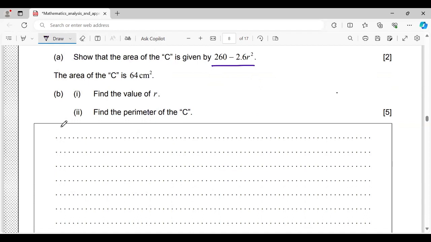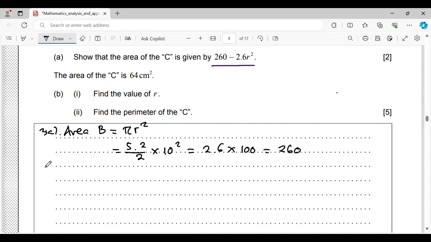So area B equals one half times 5.2 times 10 squared, which is 2.6 times 100, and it is 260. Yes, this is the area of B.